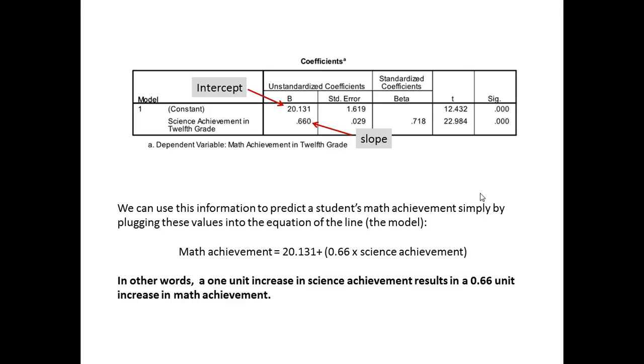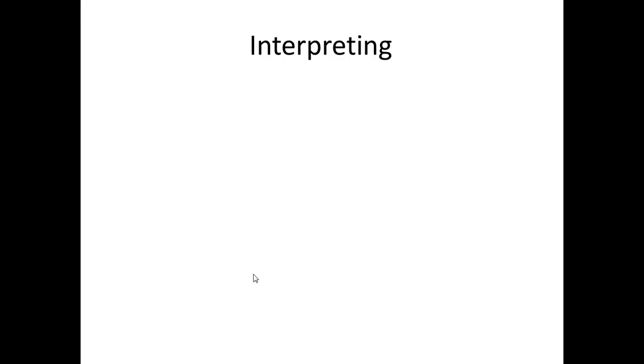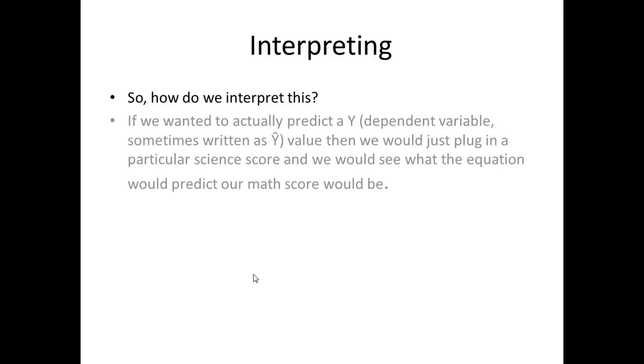So I could use this. If I was a high school teacher and a student earned a certain score on their science test, I could plug it into this equation and predict what their math score would be, even before they take the test. So how do we interpret this?